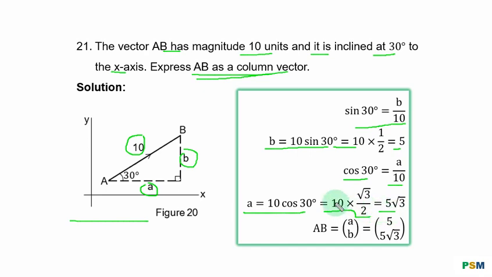Divide 10 by 2, you have 5. Vector AB as a column vector is this. You replace A with 5 root 3, B with 5.